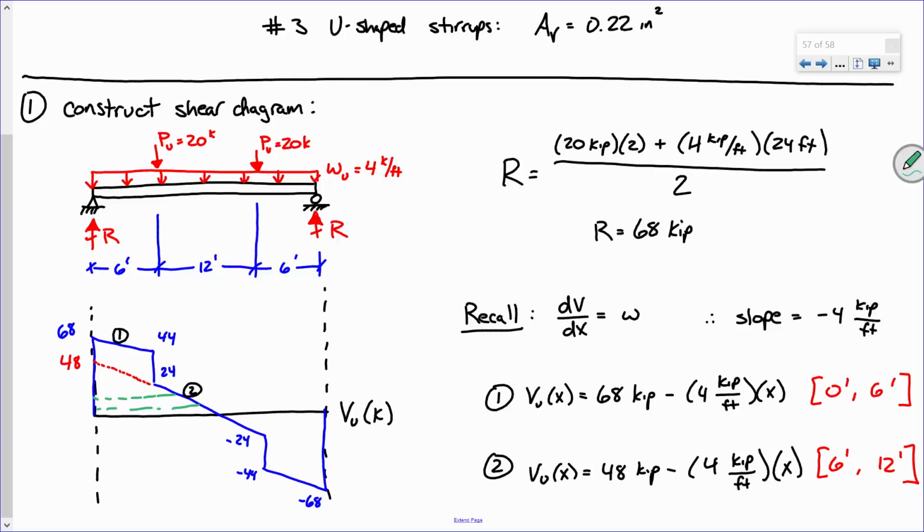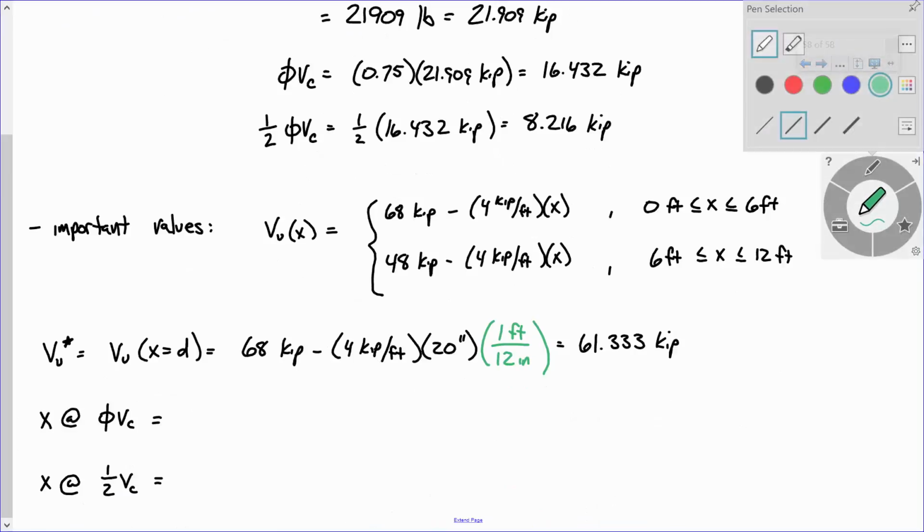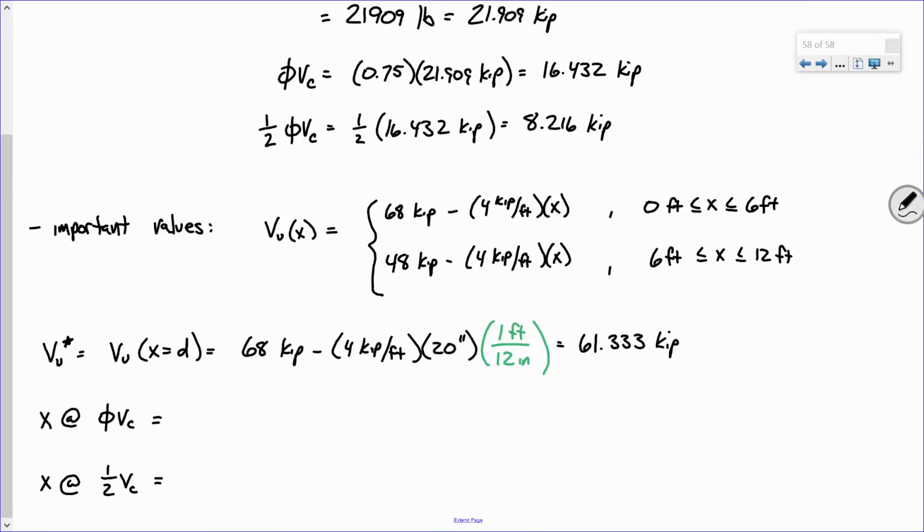Now what I need to do is take this second equation and solve for x, right? So how do I solve? I take this, bring that over, divide by -4, and rearrange my signs a little bit. I can say it's 48 minus the shear divided by 4. So that's just algebra. I propose that the x value at phi VC is going to be 48 kips minus what phi VC is, 16.432, divided by 4.